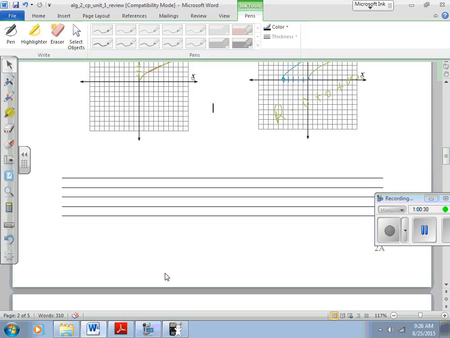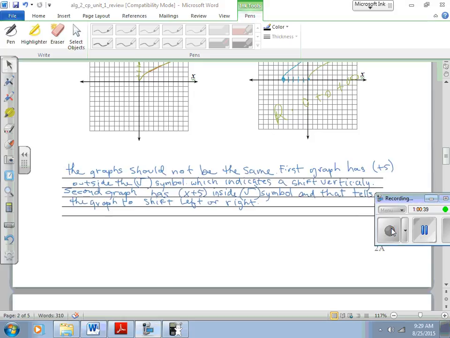All right, so explain why the graphs should or should not be the same. You have to start becoming more observant of what you're thinking and be able to express it. I know a lot of you are shy and kind of quiet, but you've got to start raising your hand to participate. All right?